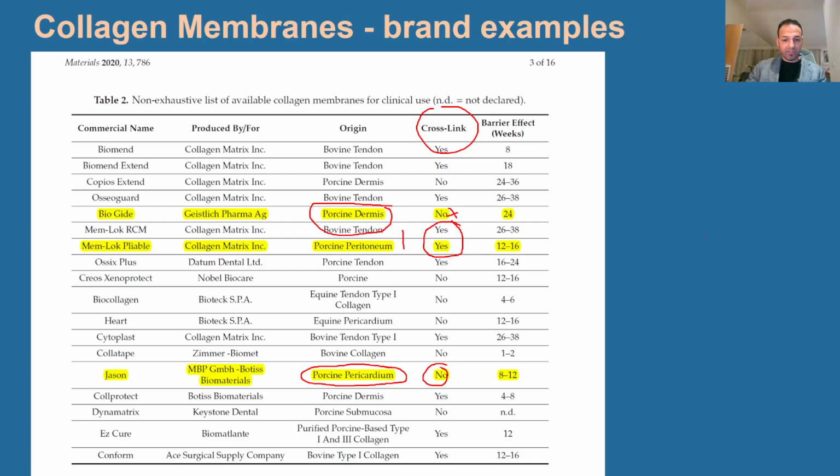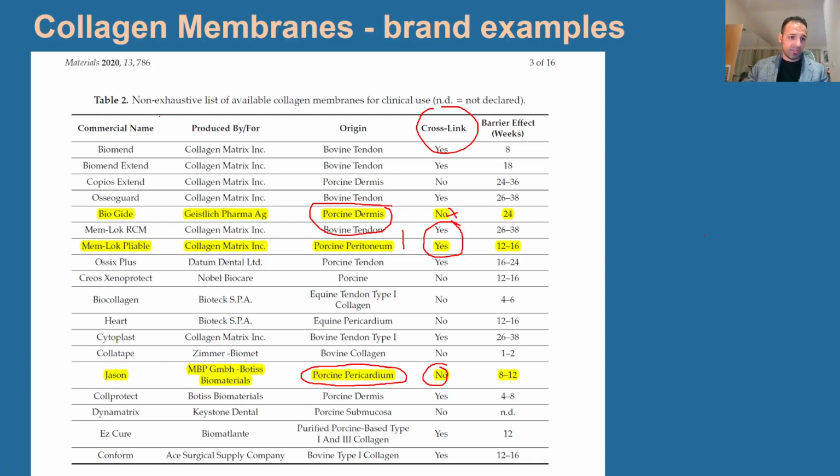But it's not cross-linked, which is useful to us because we know that cross-linking, if it gets exposed, leads to a higher risk of infection, whereas native membranes will actually dissolve away and the body will break them down. They can potentially, in some cases, be left exposed, and there are lots of examples where they're intentionally left exposed, for example, with BioGuide membranes.